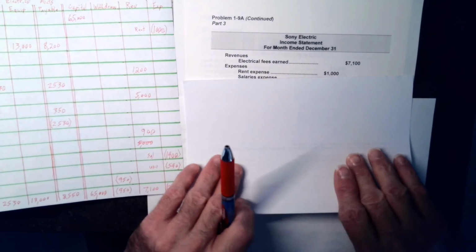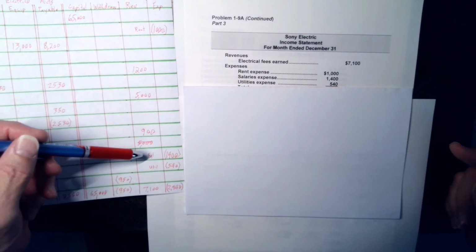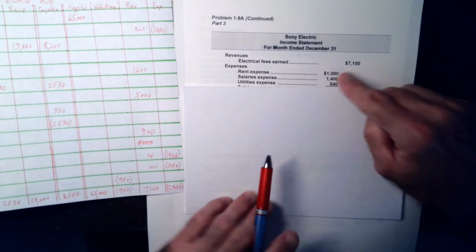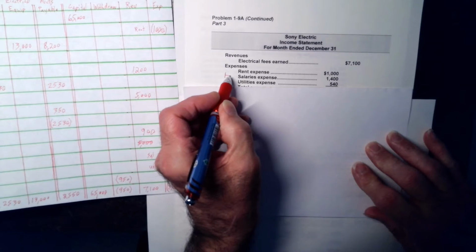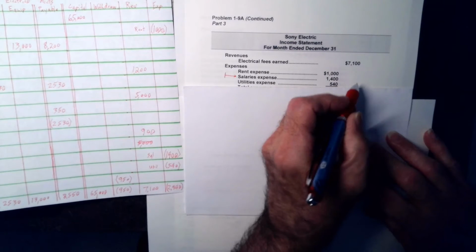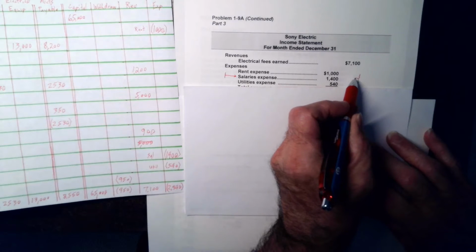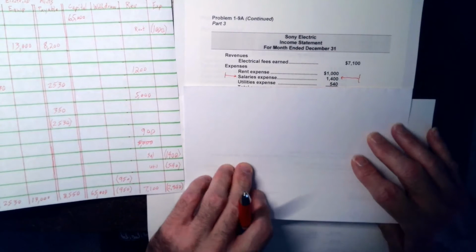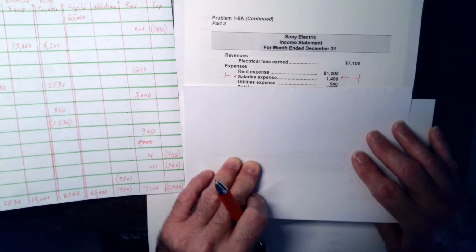I literally indent all of my expenses: rent, salaries, utilities of $1,000, $1,400, and $540. So they are literally pushed in from here over and from here over. That's what it looks like. So I indent on both sides, if I have to list them, okay, if there's more than one of these.